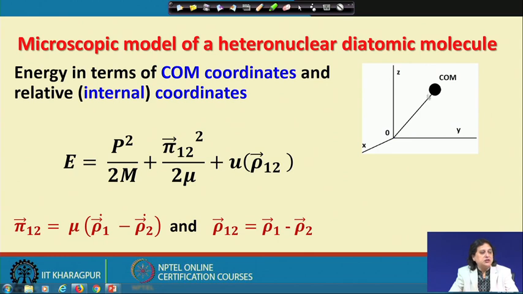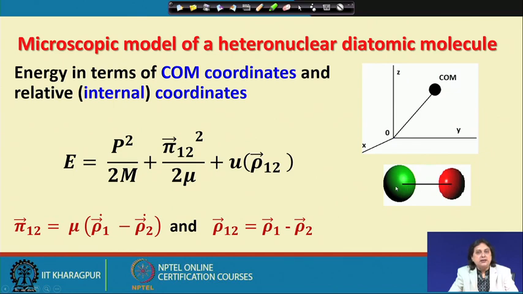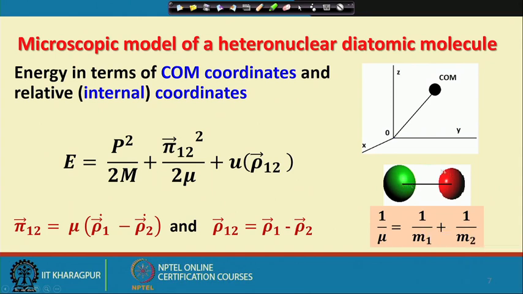The first term corresponds to the translational motion of the center of mass, and there is no interaction term involving the coordinate of the center of mass, that is capital R. Now, in the second part, this is the relative separation vector of the two atoms, which I call rho 12, and if I fix this atom and observe the movement of the second atom with respect to the green one, then it would be as if a particle of reduced mass mu, defined like this, is moving about this fixed point.